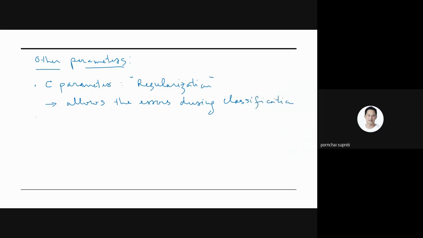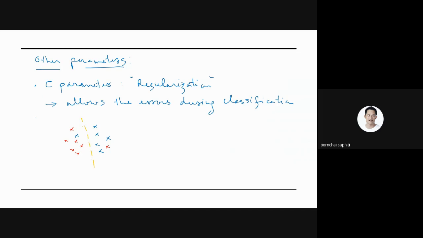Okay, so meaning that, for example, if you have data like this, and maybe when you try to separate the data, there are some data that may not always fit on the right side of the boundary.